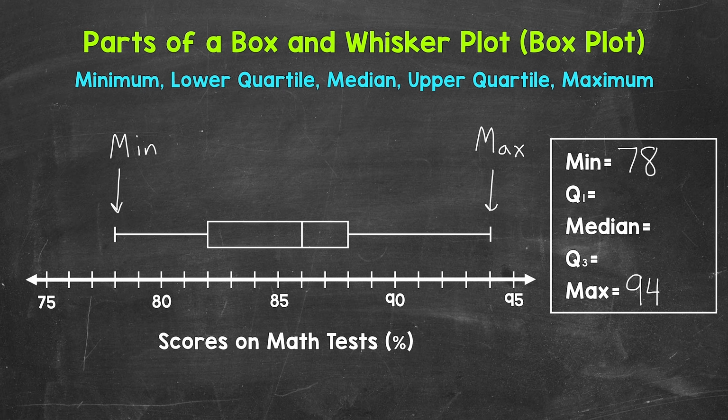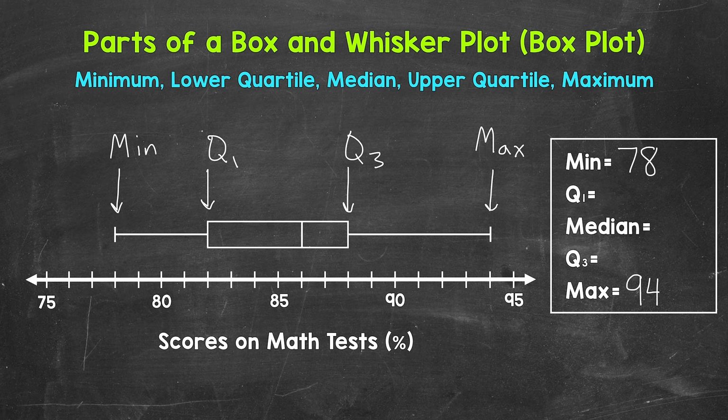Now let's work our way into the outside of the box, the outside of the rectangle. This part of the box represents the first quartile, also called the lower quartile. This is the 25% mark, or 1/4 mark within the data, the 25th percentile. And then this part of the box is the third quartile, also called the upper quartile.